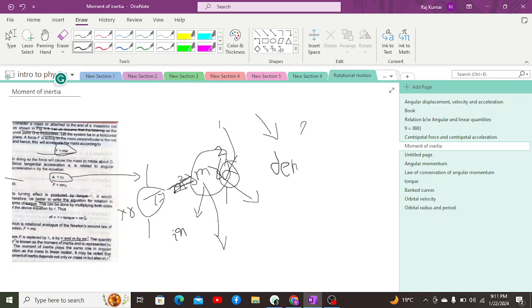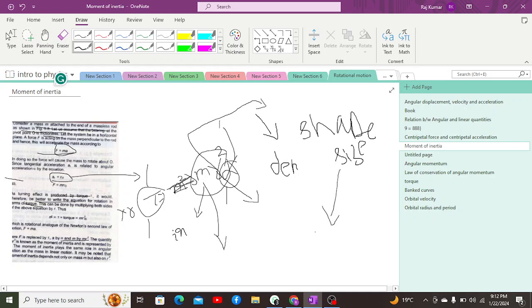After that, the shape of the body can also determine it. Shape of the body, density of the body, size of the body, and distance from the axis of rotation. Basically, it is the squared distance which is perpendicular to the axis of rotation, known as r.